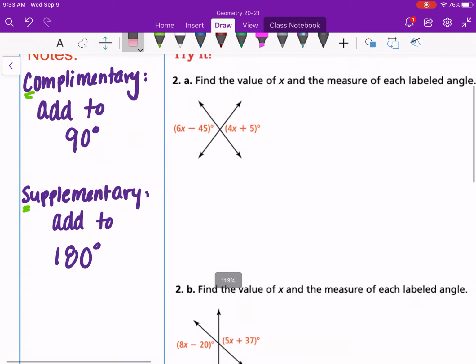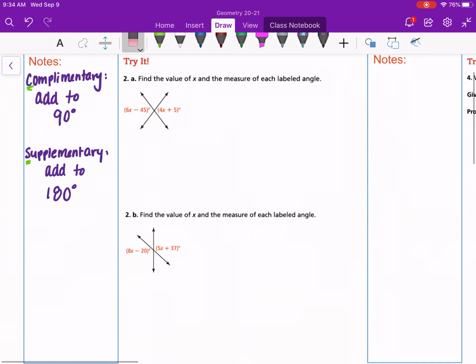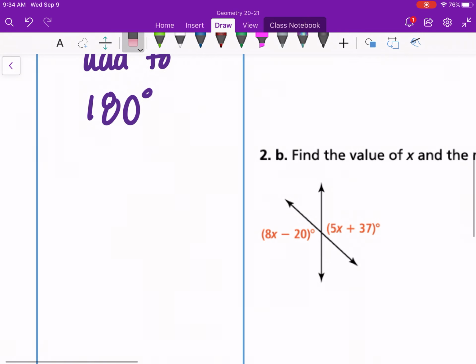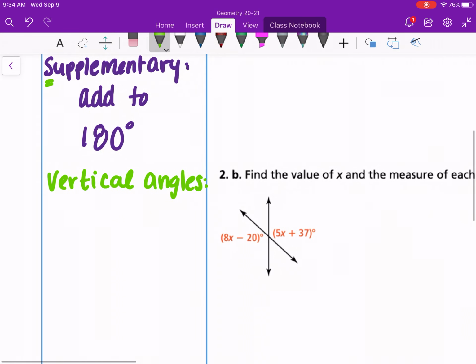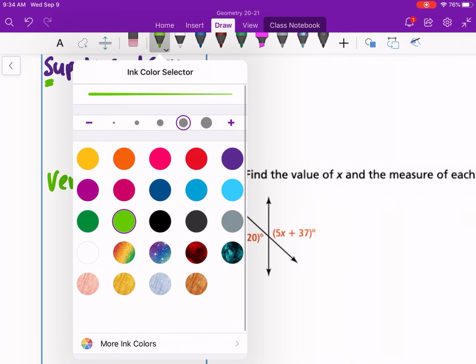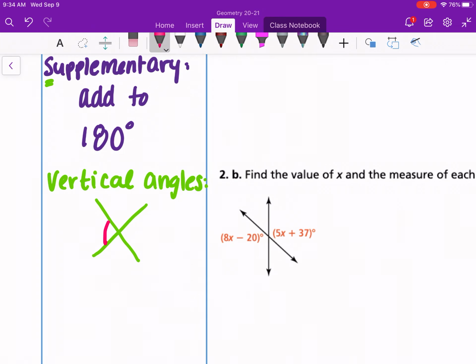So some other terms, as you can see, we're going to use a lot in these diagrams. I'll keep the green. I like the green. We have vertical angles. Vertical angles look like this. These two angles that I draw are vertical angles.